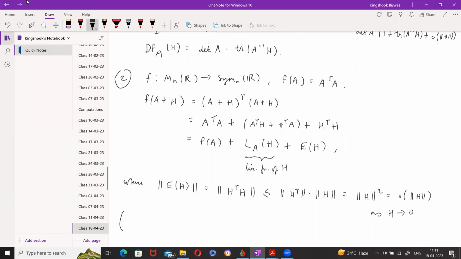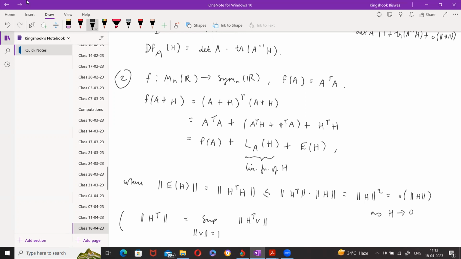You can do it using inner product. Yes, that's right. So operator norm of H transpose is the supremum over all norm v equals 1 of norm of H transpose v. Let me write the definition. This is the definition.